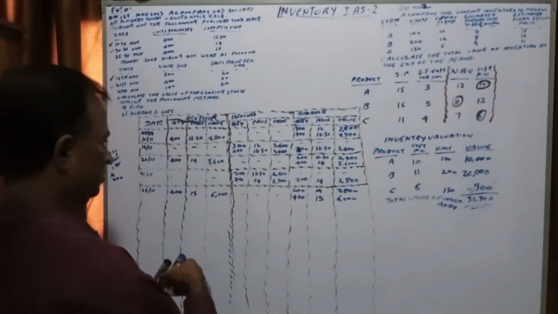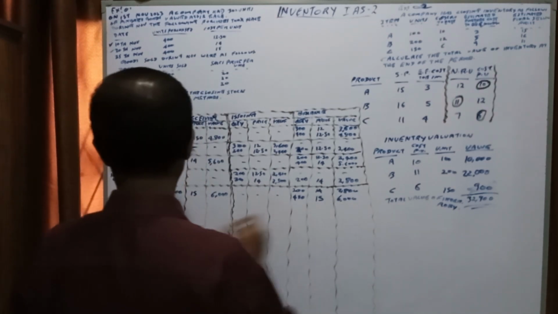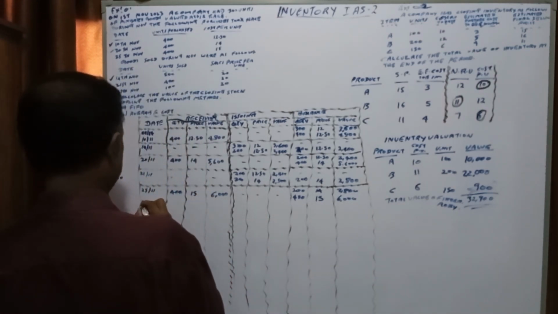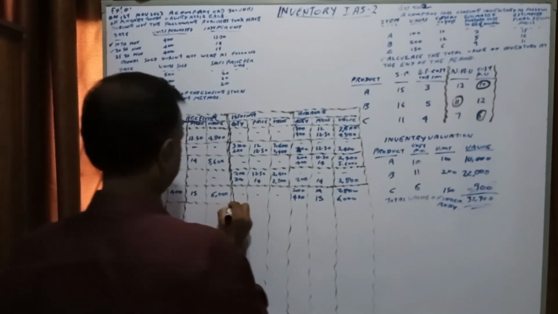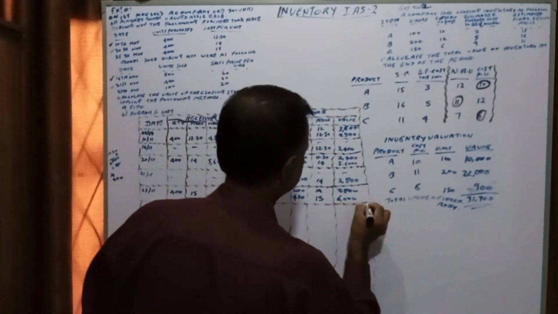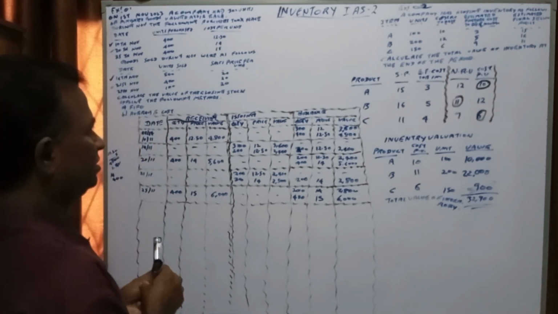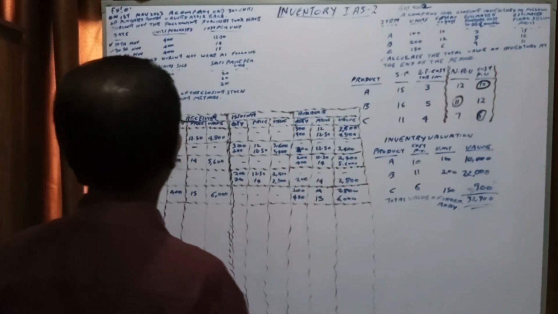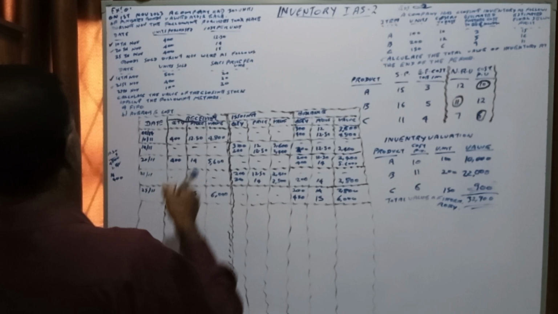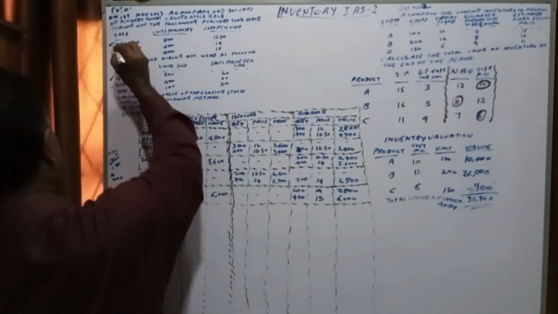This is the closing stock at 25th. So we will close that 25th. From this table you can get all the facts, right? 25th also we have made.